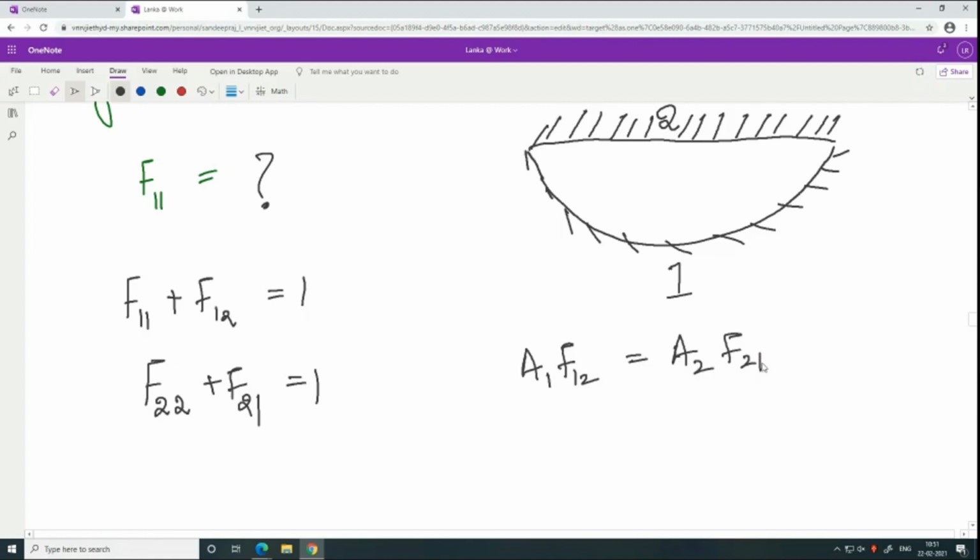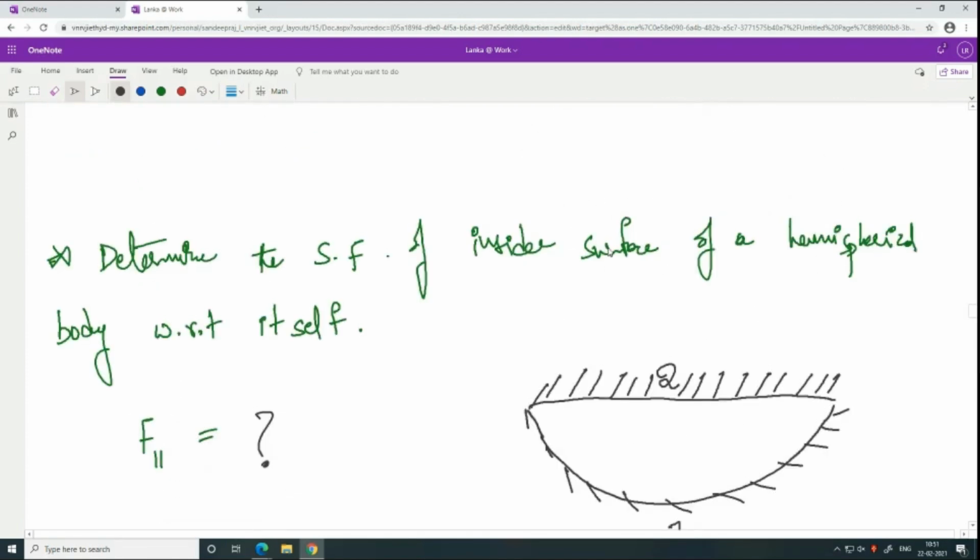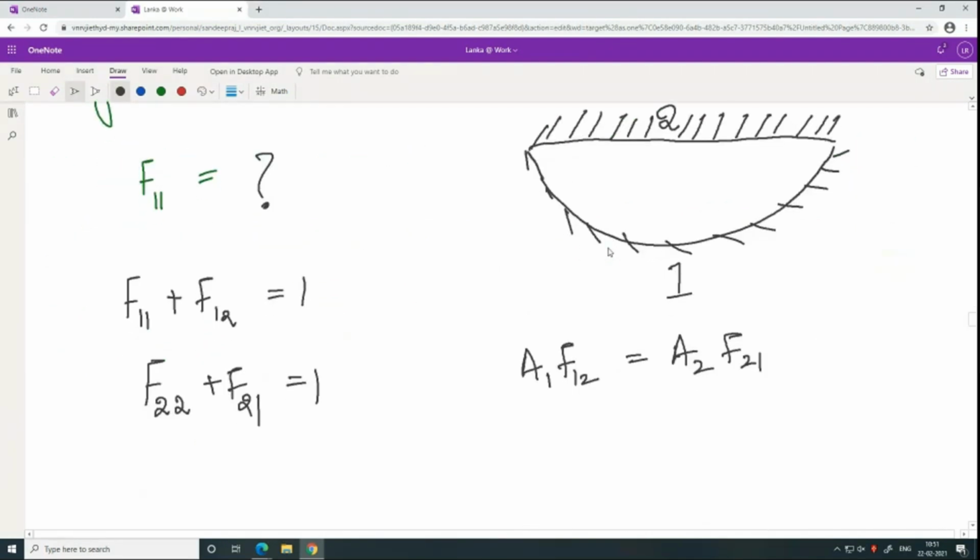These are the two basic properties you will make use of for solving most of the problems. If a question of this kind is asked, this can be a potential 2 marks question. You can solve simply if you make use of these two concepts: the sum of the shape factors equal to 1 and the reciprocity theorem.